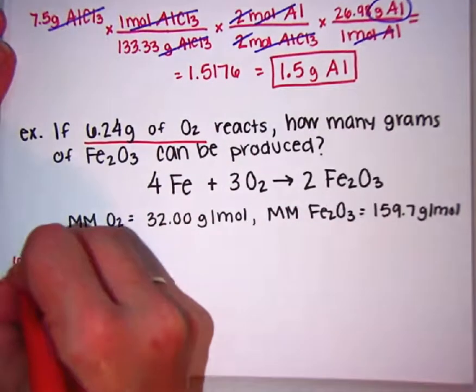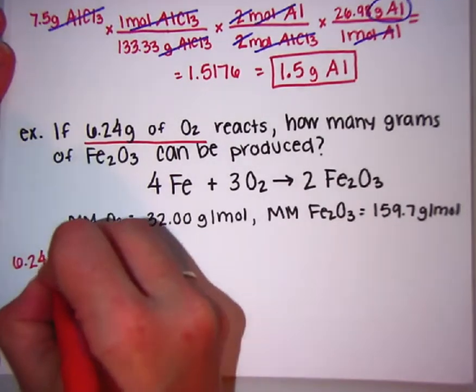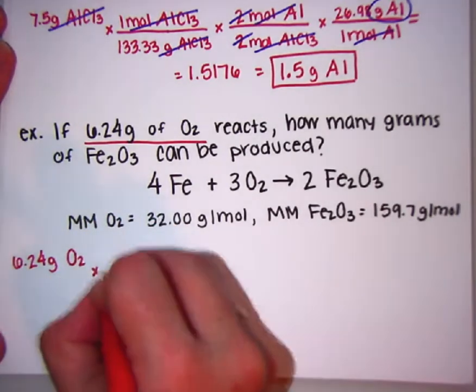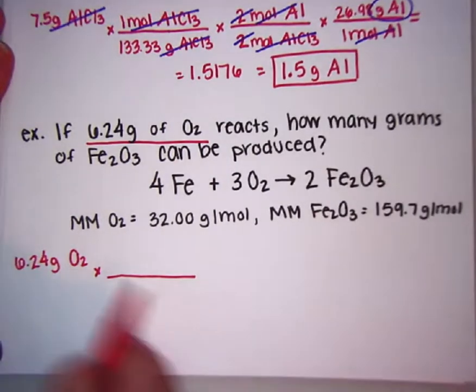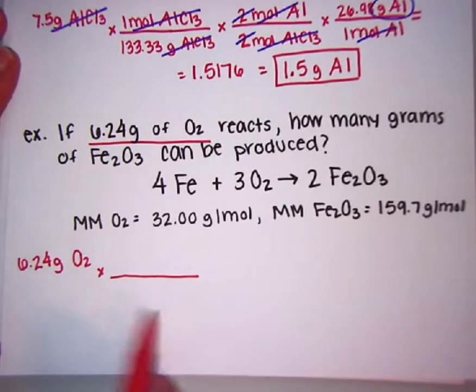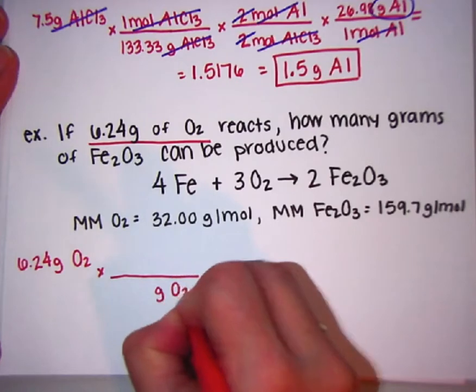Always, always, always start with a given. You should be writing the quantity, the unit, and the substance. Automatically, you should be able to write your units. Whatever unit and substance you start with goes in the denominator, goes on the diagonal. So this has to be grams of O2.